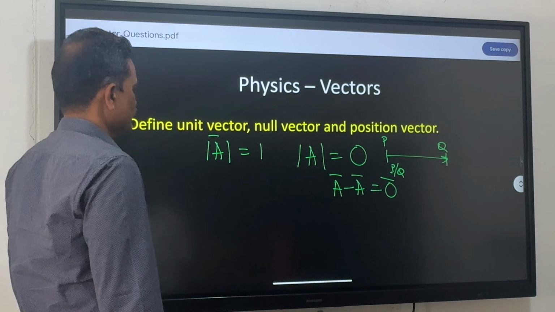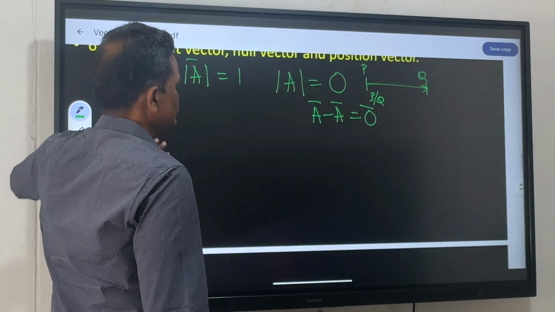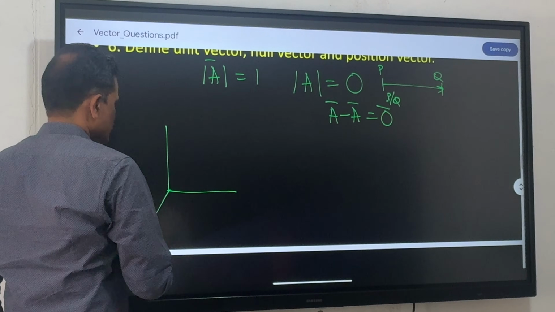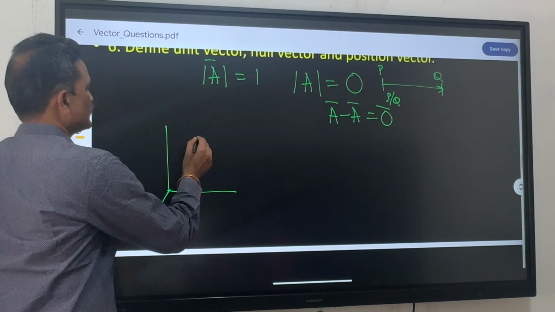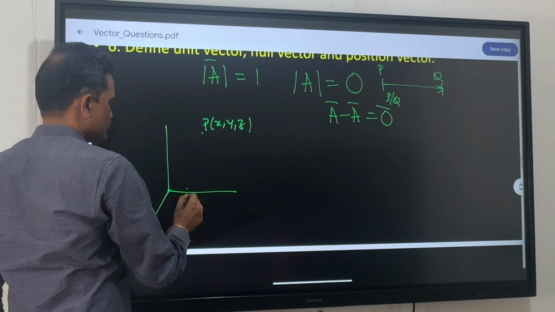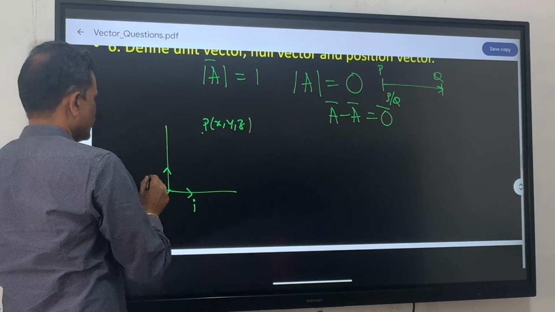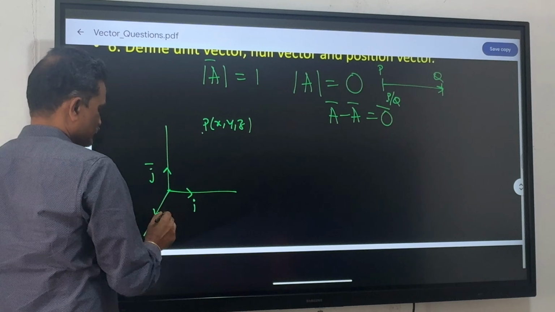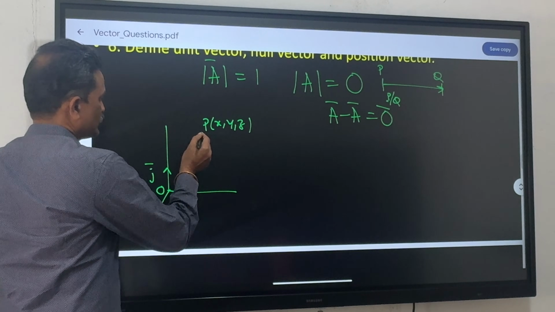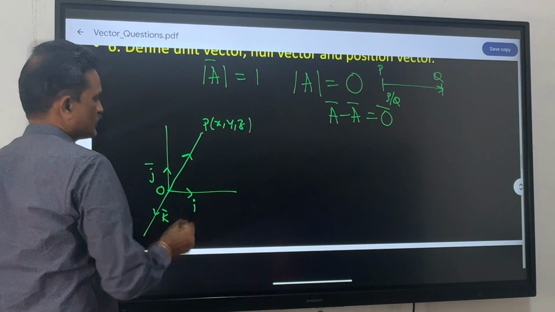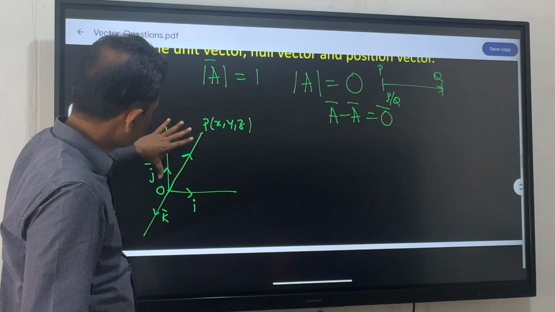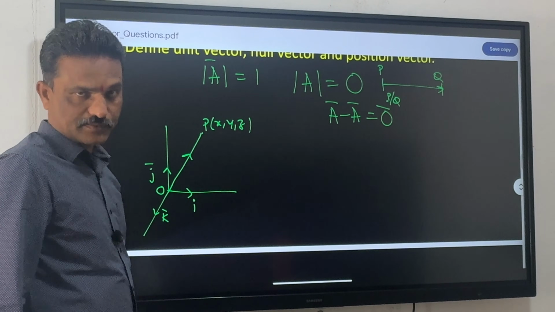What do you mean by position vector? Position vector tells the position. This is a Cartesian XYZ coordinate system. So there is a point P. So P is equal to X, Y, Z. So on X axis I have unit vector i, on Y I have j, and on Z I have k. So if I connect the origin O with point P, then this OP is a vector. The position of a point in the coordinate system is represented by a vector called position vector.